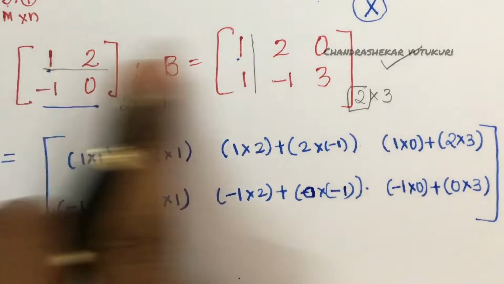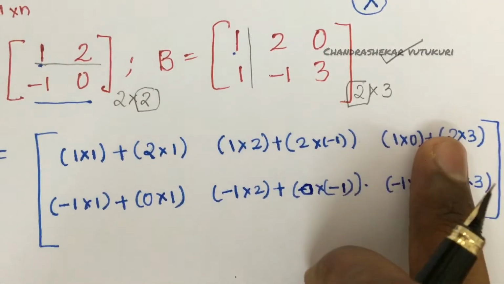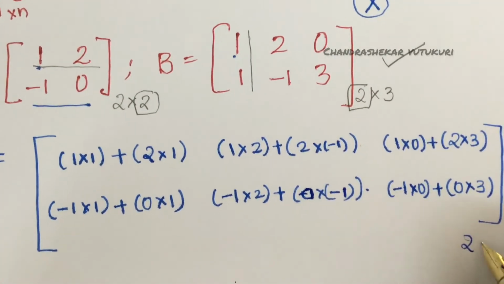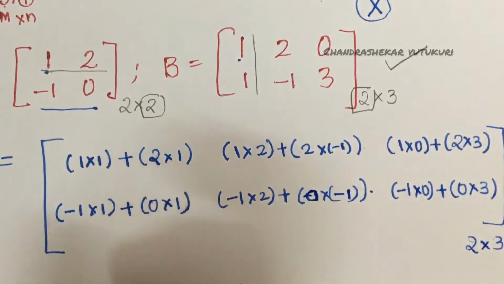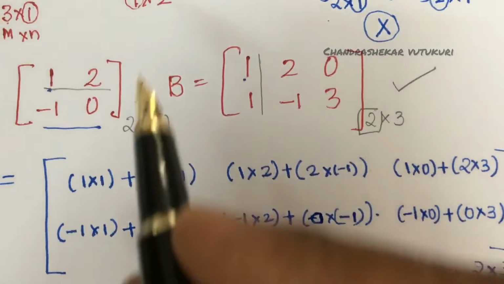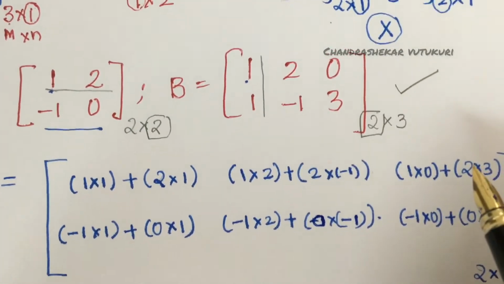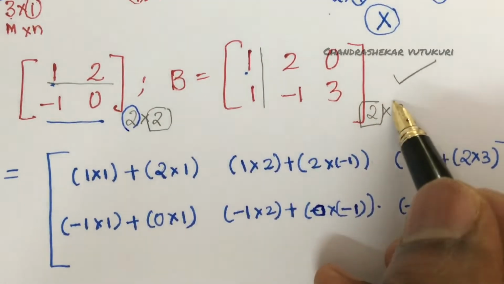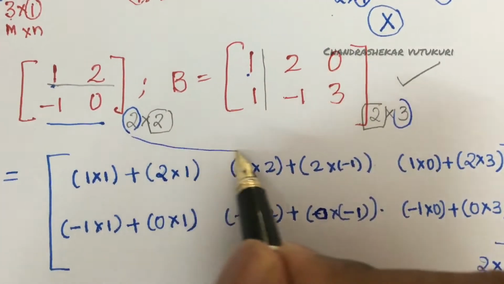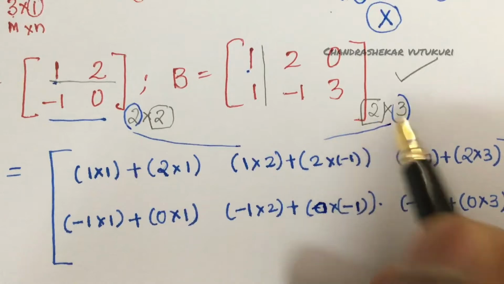So, the matrix is now of size 2 by 3. If you look, after multiplication, the order of the matrix has become 2 by 3. The remaining elements of this row and this column will give us the final resultant matrix.